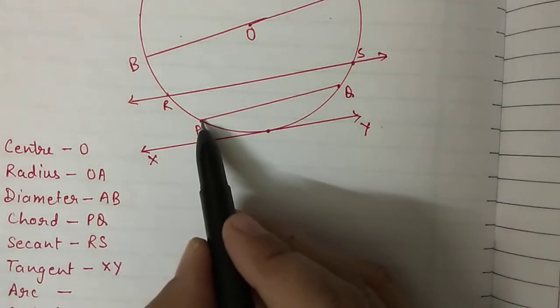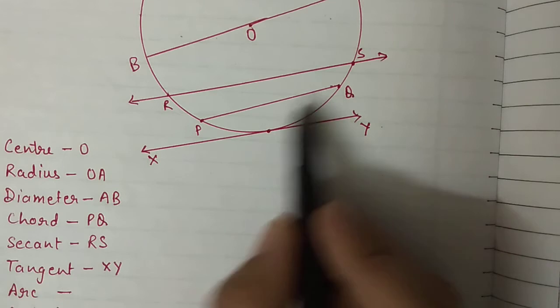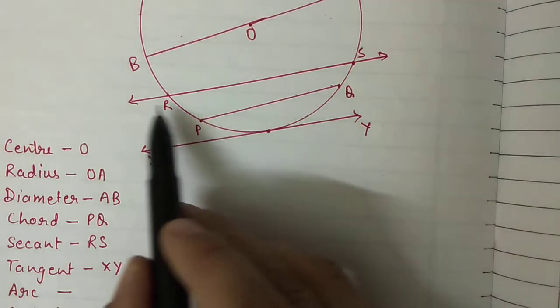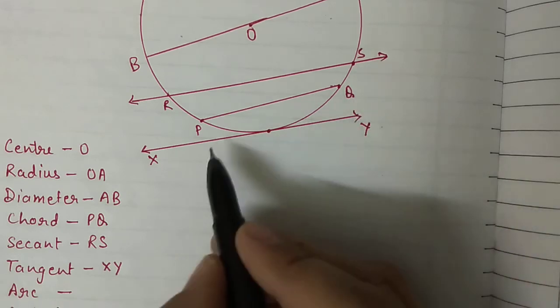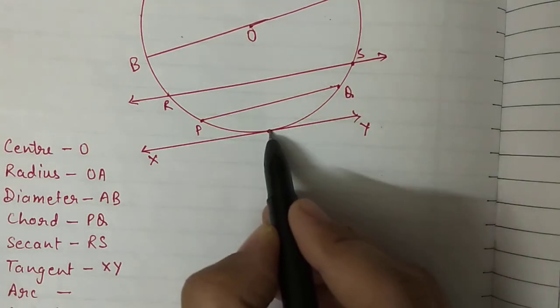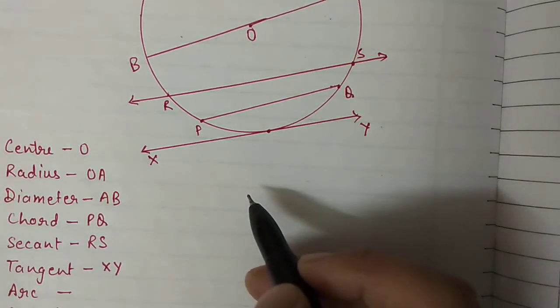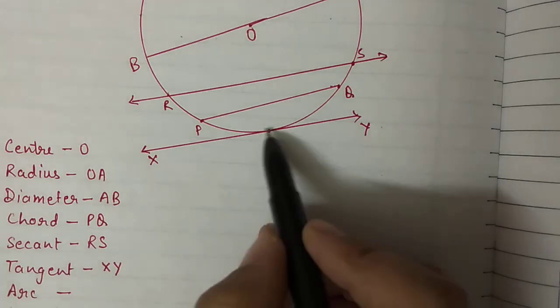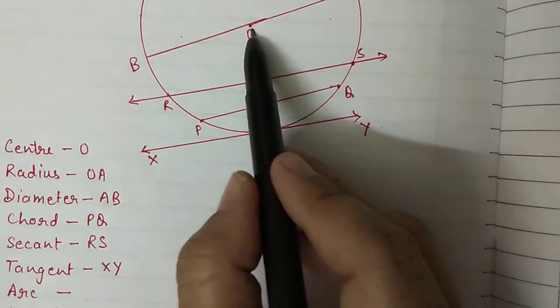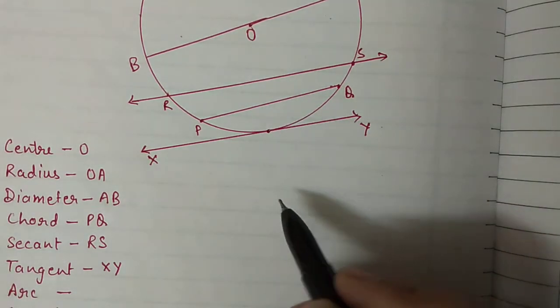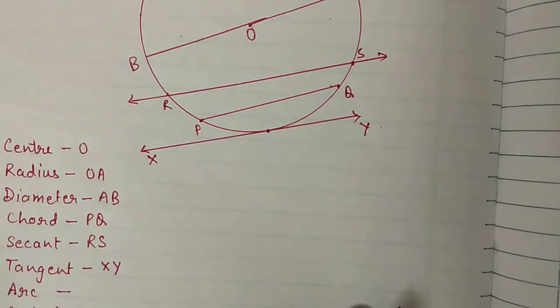If it touches at 2 points and ends there, then it is a chord. If it goes out of the circle, then we will call it a secant, and if it touches only at one point, then we will call it a tangent. And always remember, the angle between the tangent and the line from the center to the point where the tangent touches the circle will be 90 degrees.